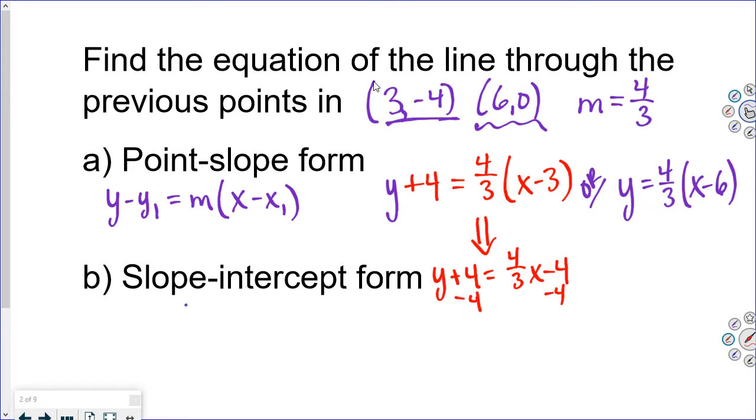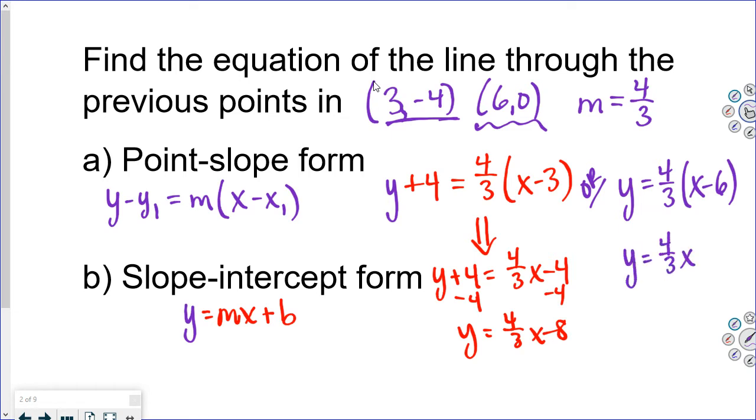Because reminder, slope-intercept form is y equals mx plus b. And so we have y equals 4/3 x minus 8. And that would be the same thing if we were to look over here in the purple. When we distribute that 4/3, we would get 4/3 x. 4/3 times -6 is just -8. So either way, you end up with the same slope-intercept form.